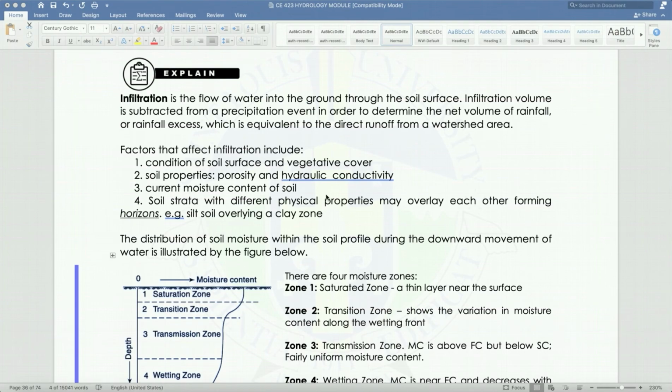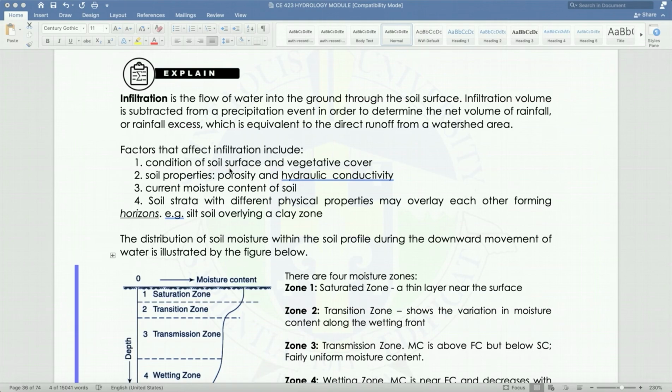Here are some factors that may affect the infiltration rate of water. First, we have the condition of the soil surface and vegetative cover. When we say condition of soil surface, we mean the material of the surface. For example, we have soil and we have concrete.